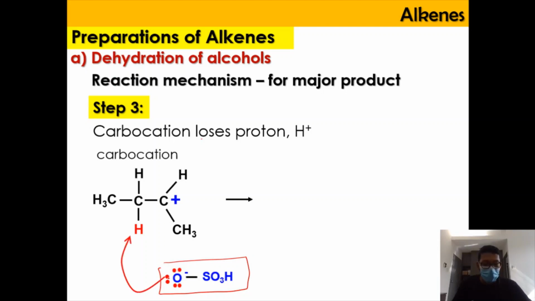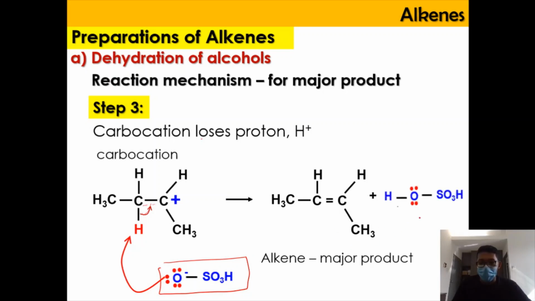So the nucleophile will attack the hydrogen here, and this will break the bond between the C and H, and this will bring the bond to here in order to form a double bond. So the carbocation will now produce an alkene as well as the H2SO4 just now.